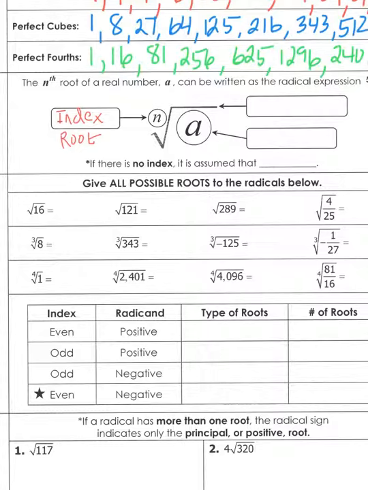Then this symbol right here, not this because that's the index, this symbol right here is just the radical. And then the number underneath the radical right here, that is your radicand. Now, if there is no number here, it just looks like this. It's assumed that it's a square root and that n is equal to 2.